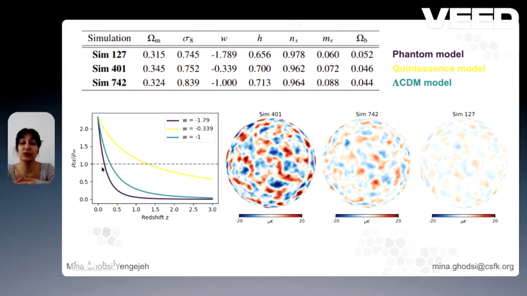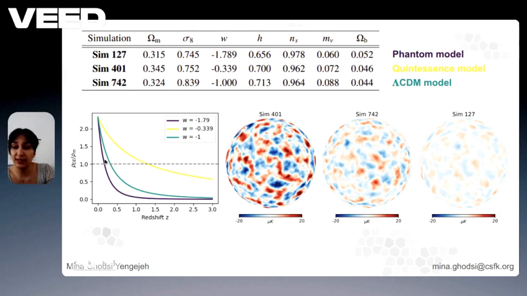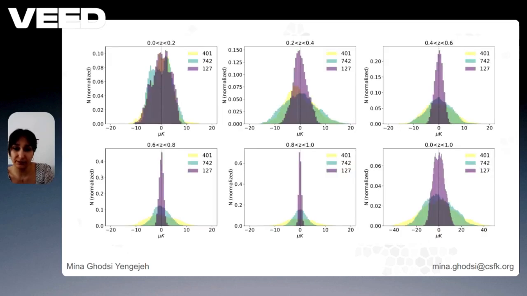Even though in the phantom model we have very strong accelerated expansion, the integration, adding all of this together, is also important, and because quintessence is lambda dominated much earlier, we see a stronger signal here. In other words, we can also see them in this histogram.